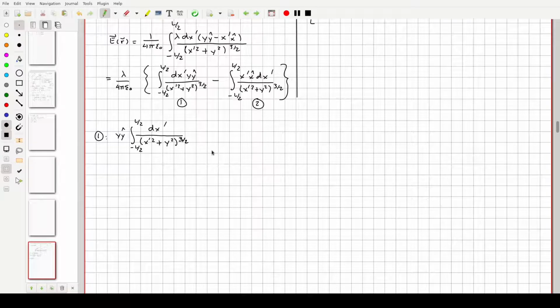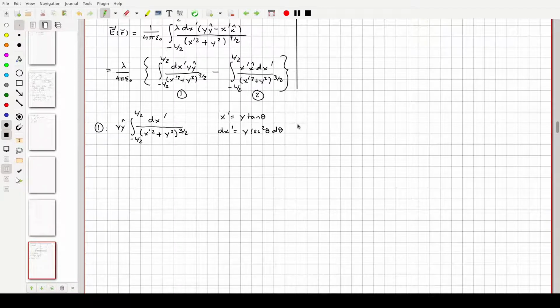We're going to do exactly the same substitution that we did before. Okay, so that was, we're going to call x prime y tangent of theta. Dx prime is y times secant squared theta d theta. And now we're going to plug the substitutions in here.